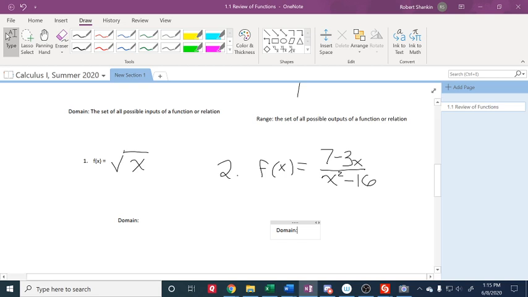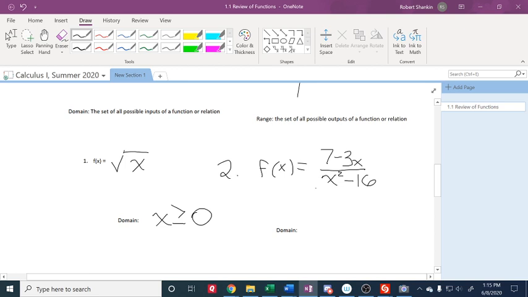Alright, so the first one, the domain, the set of all possible inputs, is x greater than or equal to 0. You cannot take the square root of negative numbers.